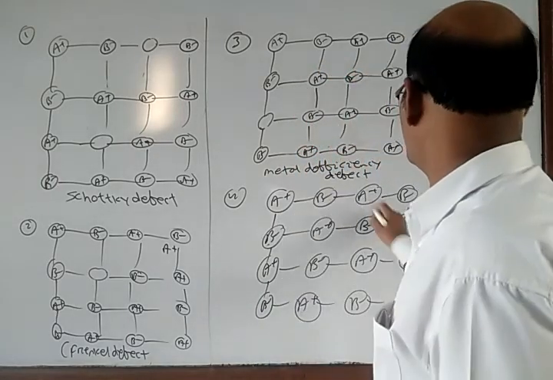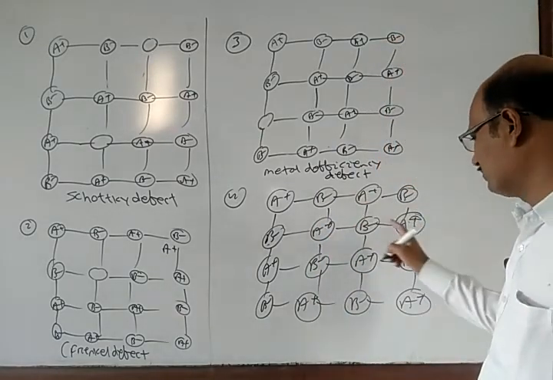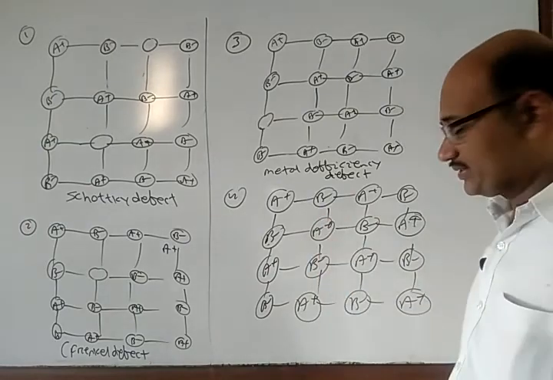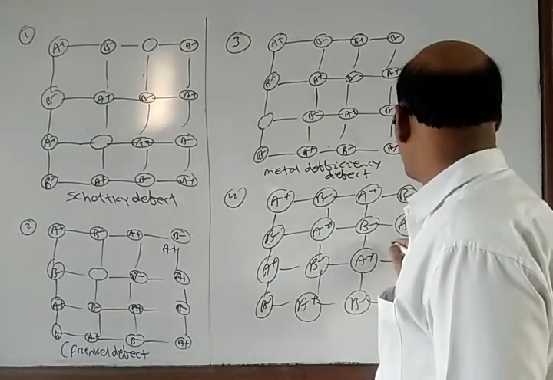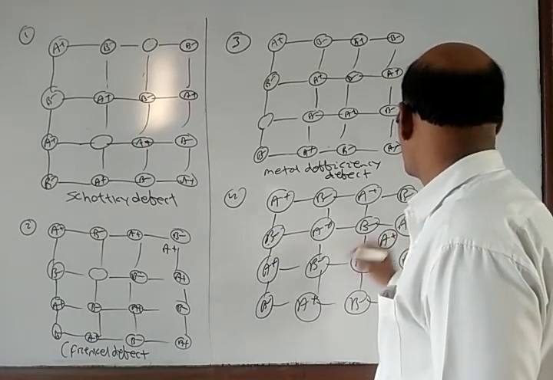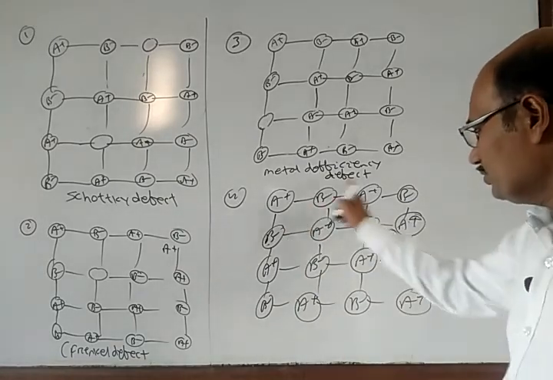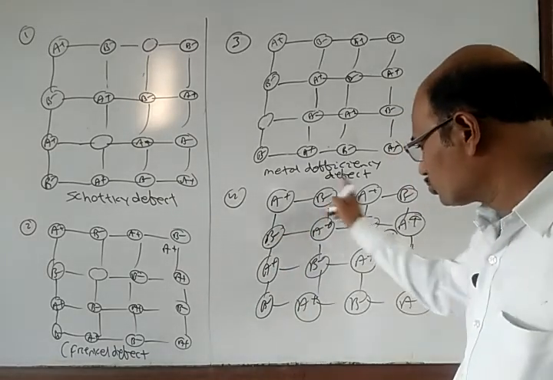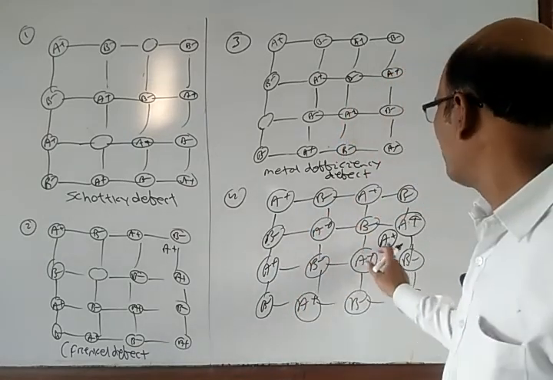So A plus B minus, A plus B minus, A plus B minus. This is a perfect crystal. Now suppose you have here another particle A plus. So in addition to the stoichiometric elements, another extra ion is present here.